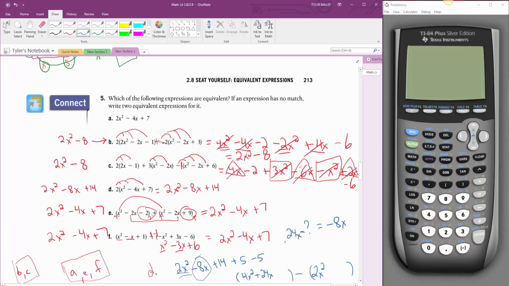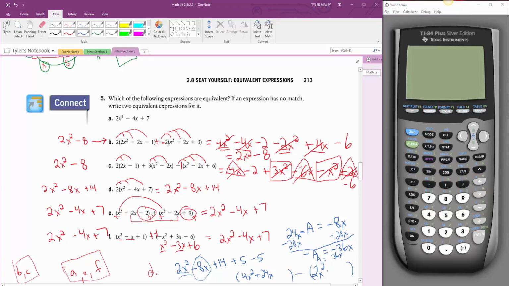So if you subtract 28x from both sides, instead of the question mark, let me use a variable. We'll just use a. If I take 28x from both sides, what I end up with is negative a equals negative 36x. So then a would be positive 36x.